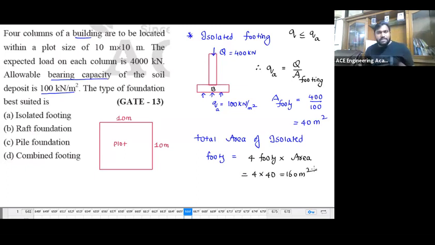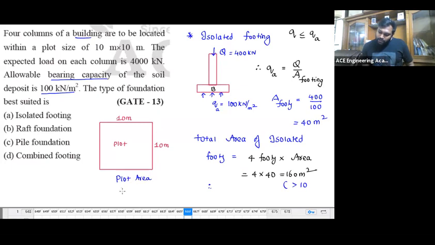If I want to go for isolated footing, for that pressure, the base area should not be more than 40. How many columns are there? 4 columns, so 4 footings. The total area of isolated footing is 160 meters square, and this is more than the plot area.